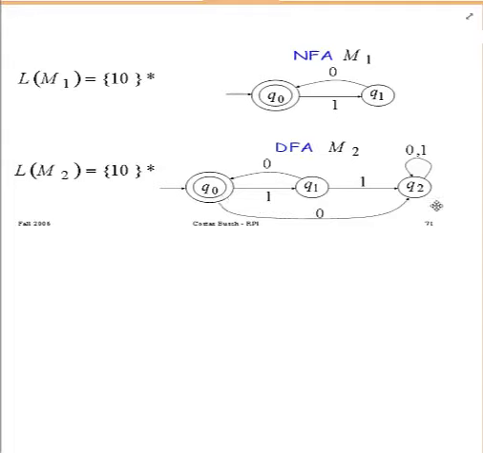Then if you have 1, you go to the death state, because after Q2, if there is 1 or 0, it dies out because there is no output. This is the death state in the DFA. From Q0, if it is a 0, it goes to the death state. If it starts with 1, only then it can go to Q1, and if after that is 0, it goes to the acceptance state. So both of these represent the same language.